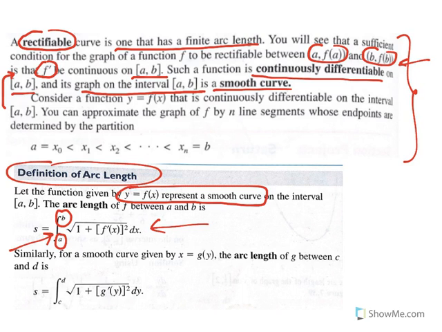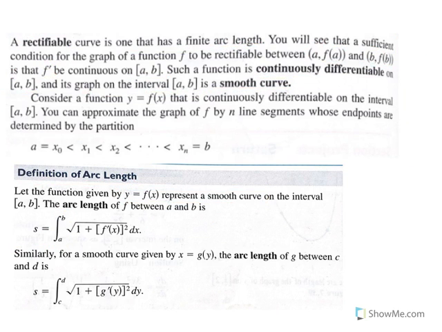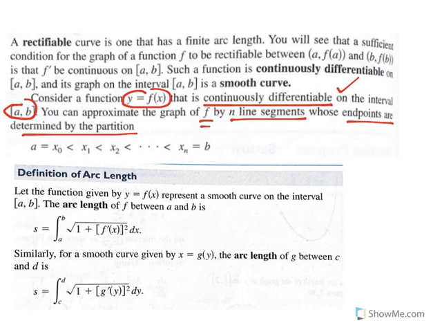So now we have the following. Consider a function y is equal to f of x that is continuously differentiable. We talked about why we're requiring that on the closed interval from a to b. You can approximate the graph of f by n line segments, as you just saw in my demonstration with my particular example with 3 line segments, whose endpoints are determined by the partition x naught is equal to a and x sub n is equal to b.